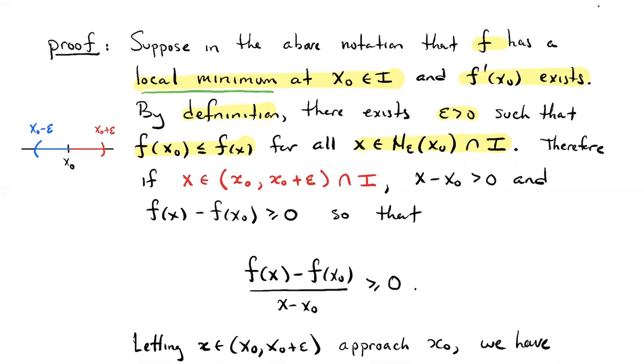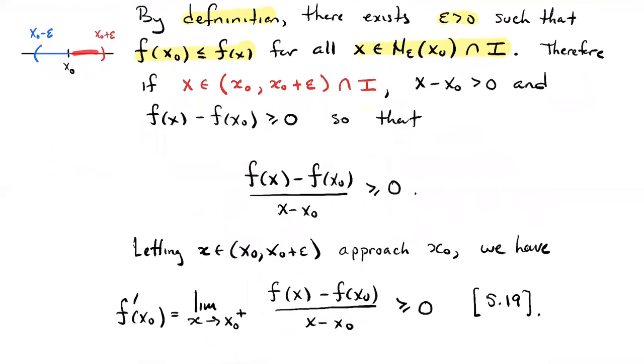So if that's true, if I take a limit, technically speaking, I should use the restriction of f to this right-hand side. We didn't formally develop this, but some of you use this notation. I'm just taking a limit, letting x approach x naught from the right, so from points in that red interval.